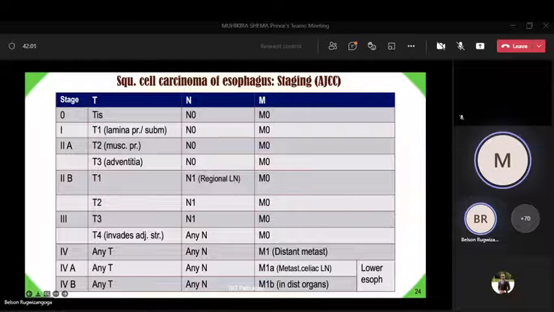But what clinicians base their decision on is the stage. To have this stage, you have to depart from these data. That's why in histopathology, we are the ones to give the data on these two, lymph node and the primary tumor.